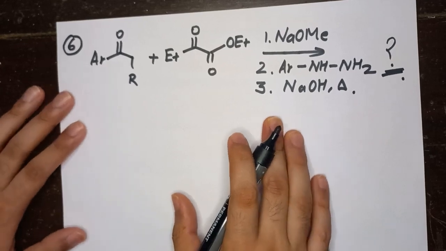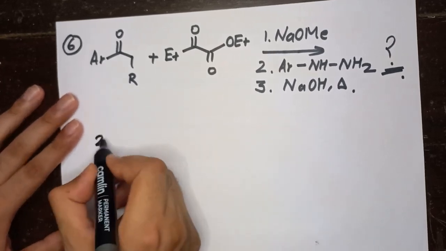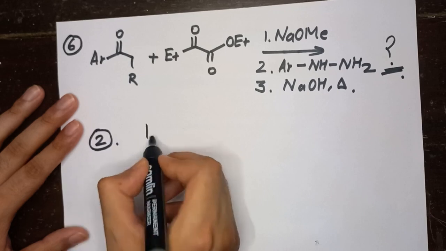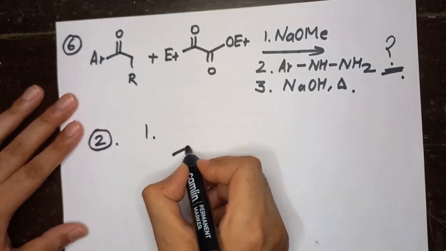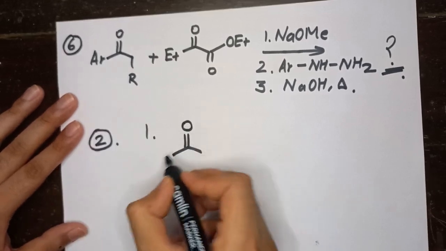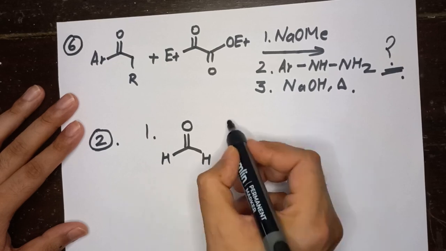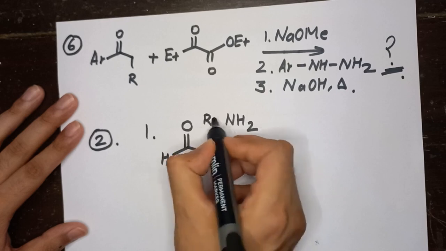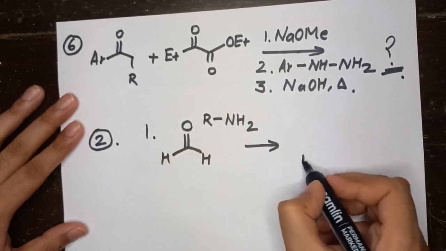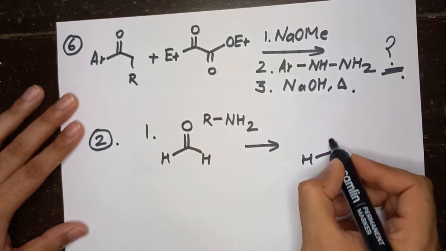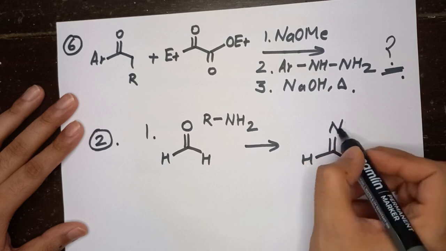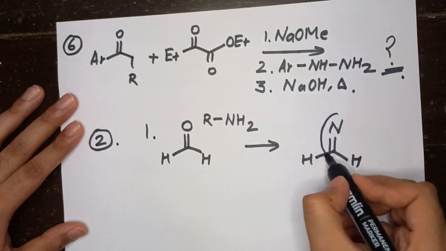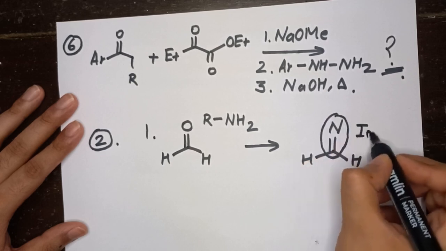Okay, before you start, you need to know 2 things. First is that when you have an aldehyde and you have a primary amine, it forms imine. Okay, this functional group is called imine.